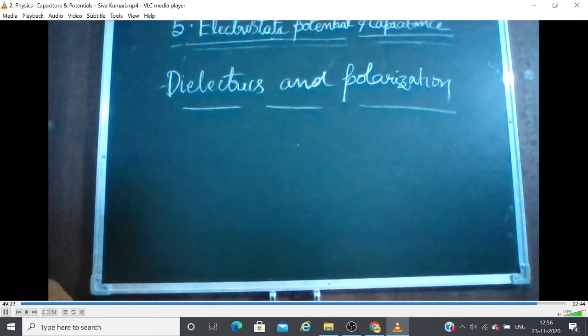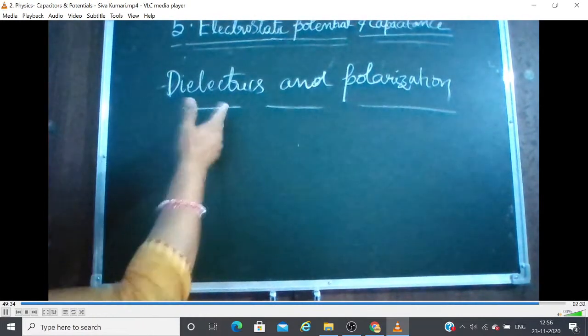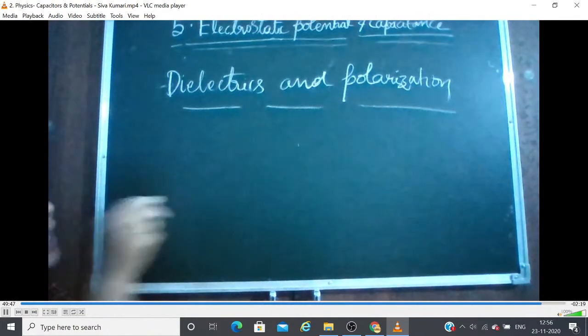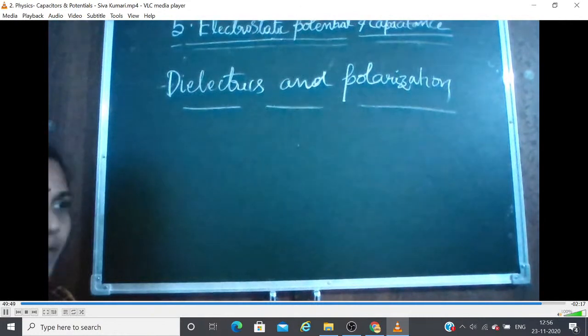They are different types of materials. Unlike insulators, dielectrics do not completely bind the charges. On applying a strong electric field, they will transmit the electric effects. Depending on that principle, dielectrics are very useful for the construction of capacitors.